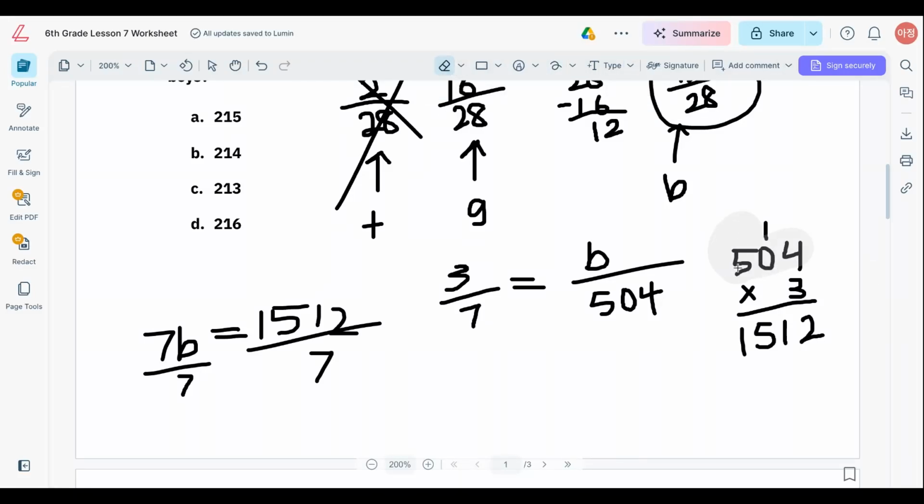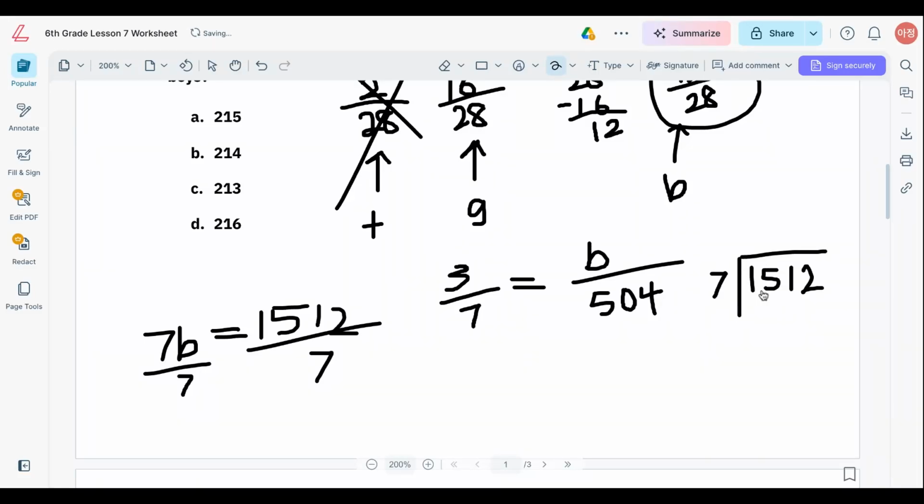Now let's erase this, and let's do the long division. 1,512 divided by 7. So 7 goes into 15 2 times. That is 14. Minus, it's 1.